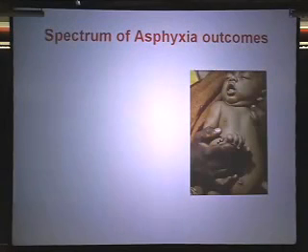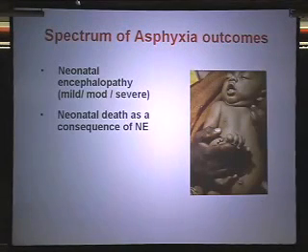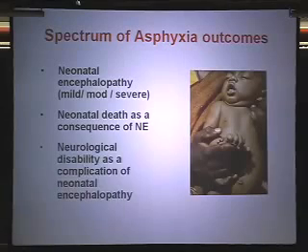Let's look at asphyxia as a cause of newborn deaths. Asphyxia can clearly cause encephalopathy, which is recognizable to most practitioners. It can cause death as a consequence of encephalopathy or as a consequence of the acute event. And it can also clearly lead to some degree of disability, both in the short, medium, and perhaps long term.